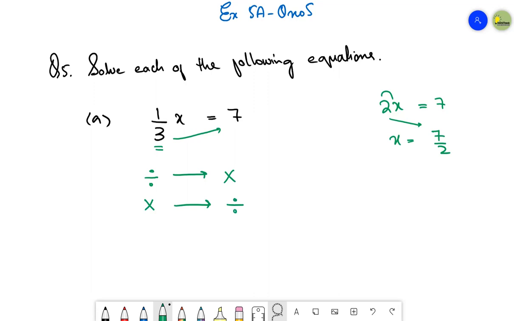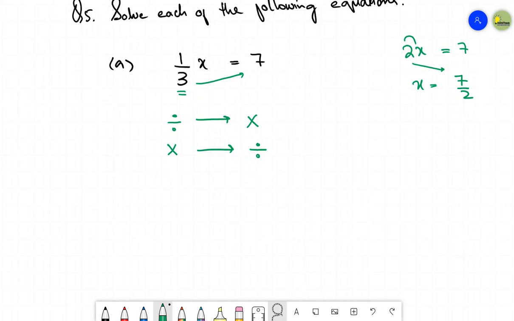Keep in mind that the mathematical operation will be reversed. 1 upon 3x means that 1 is multiplying with x and 3 is dividing with x. It means that when you shift it, 1 will be written in the denominator and 3 will be written in the numerator. So x equals 7 multiplied by 3 divided by 1. This is how you can do your first step.